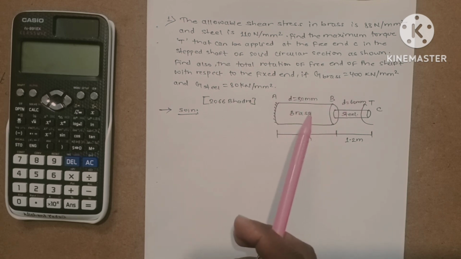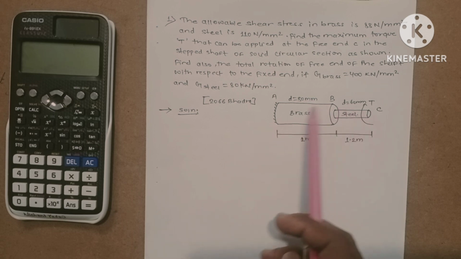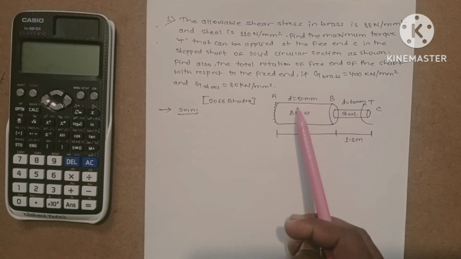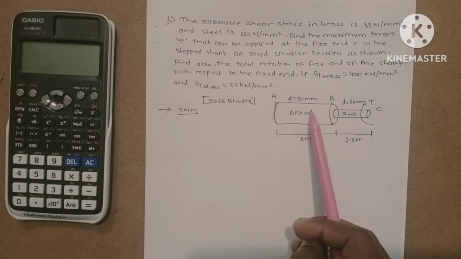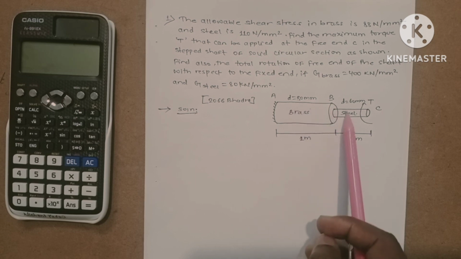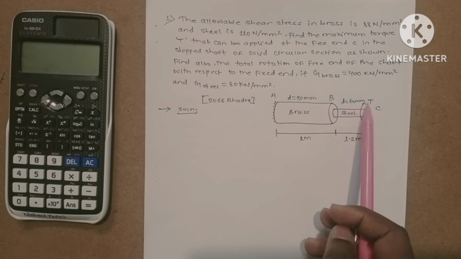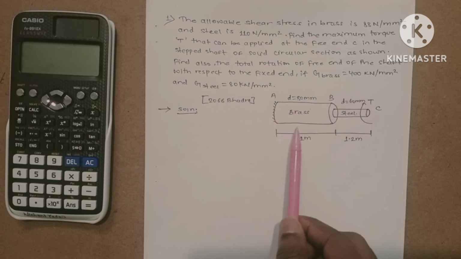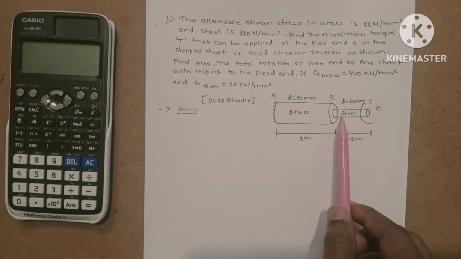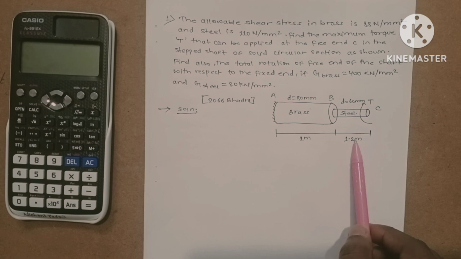So we have a given figure also. This is the stepped shaft of solid circular section where the brass shaft is of diameter 80 millimeter and the steel shaft of 60 millimeter diameter, and the length of the brass shaft from the fixed end is 1 meter and the steel shaft from the brass shaft is 1.2 meter.